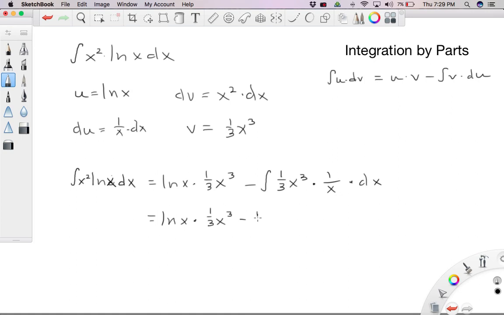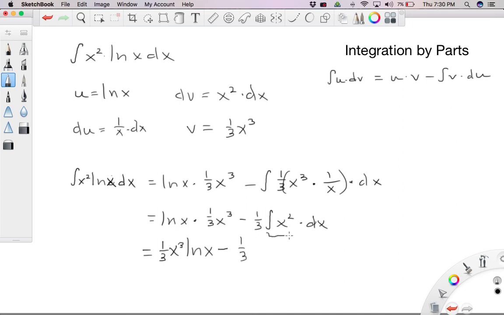minus, we can put the 1/3 on the outside because it's a constant multiple, and then this little x cubed times 1 over x is actually just x squared times the dx. Okay, so then we'll continue. Actually, I'm going to write it as 1/3 x cubed times the ln of x minus 1/3.